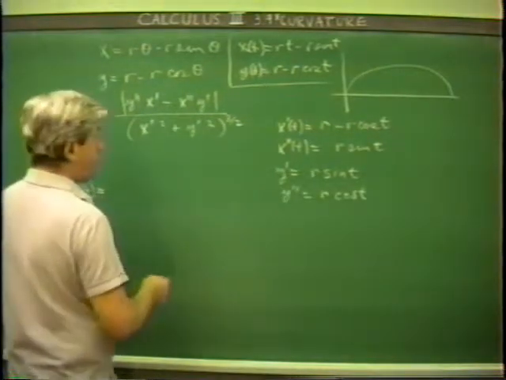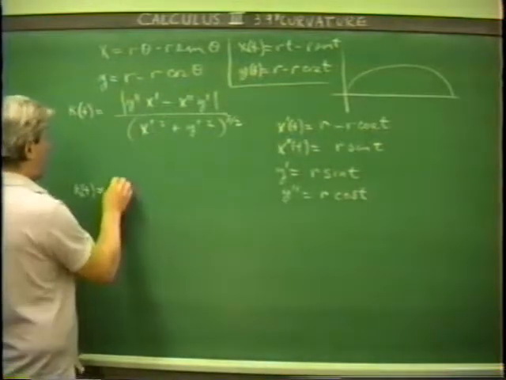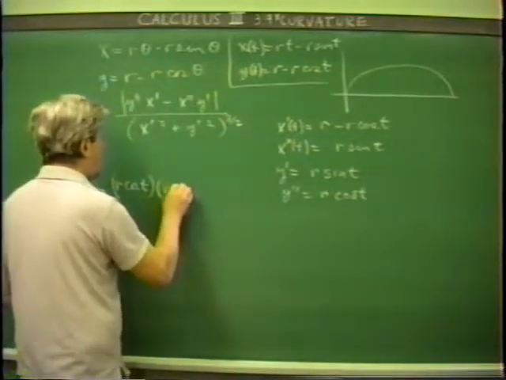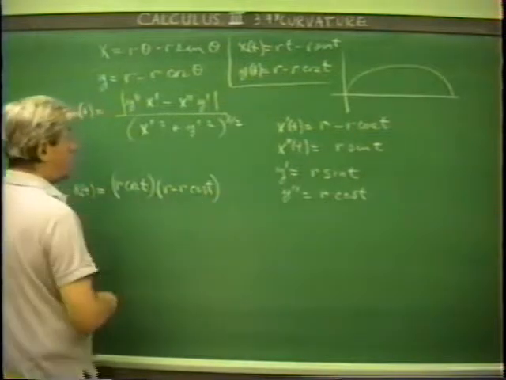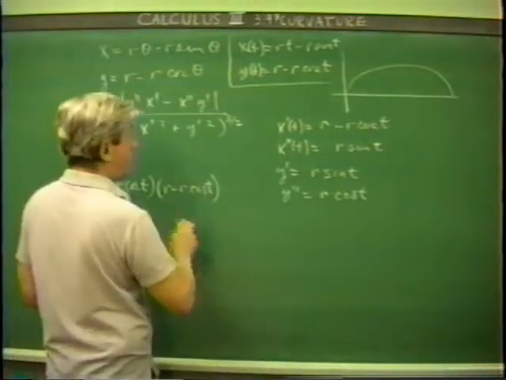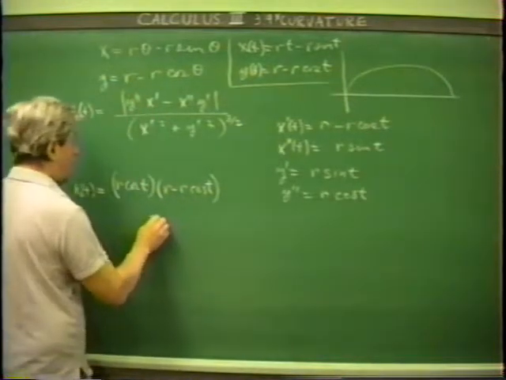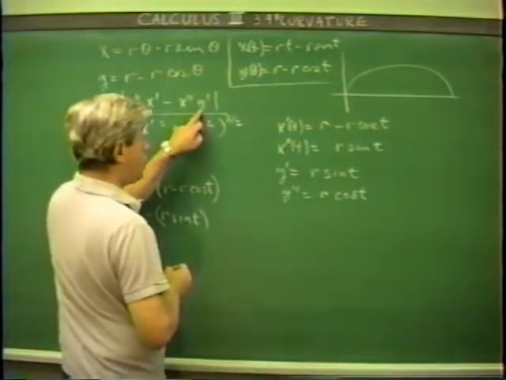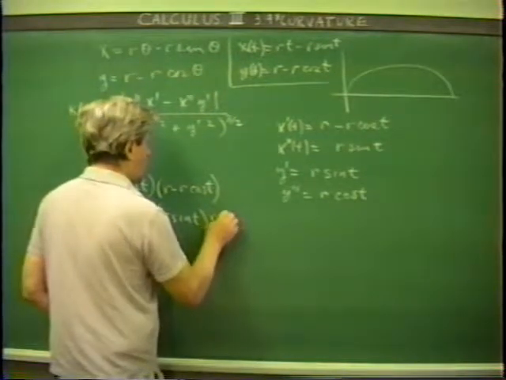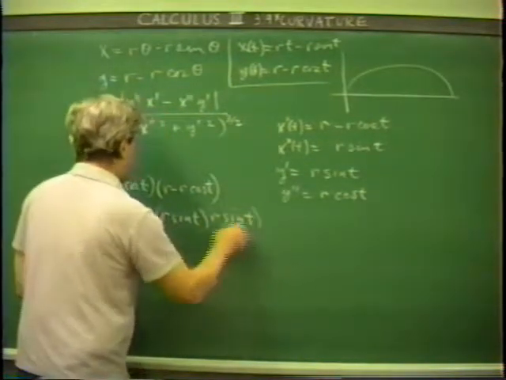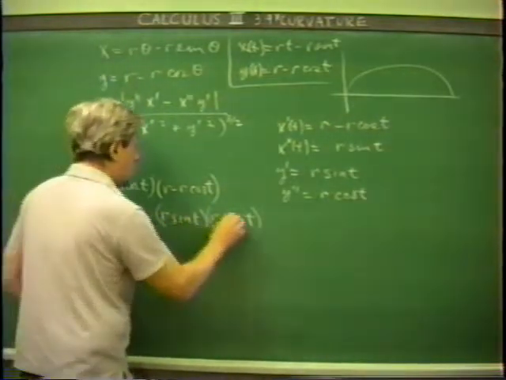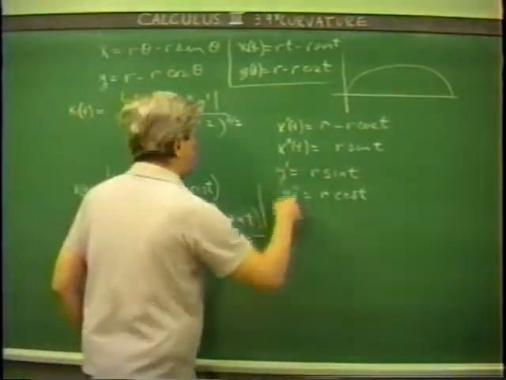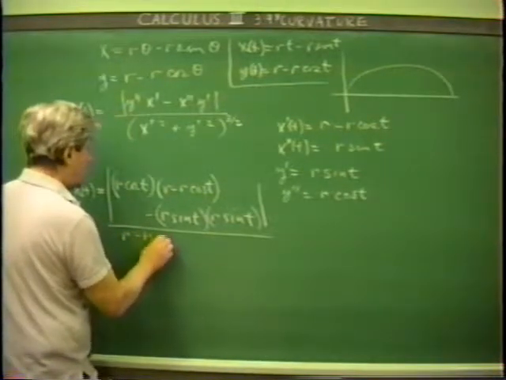Okay, now putting that into this formula here, we get kappa of t is equal to the absolute value of r cosine t times x prime, which is r minus r cosine t, minus x double prime, r sine t, times y prime, which is r sine t, divided by x prime squared plus y prime squared.